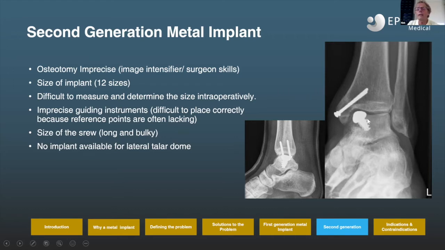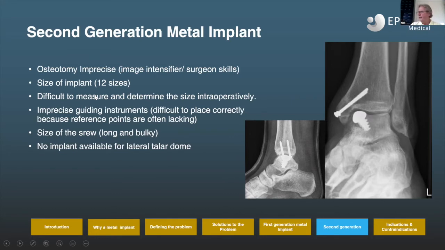Size of the implant, there were only 12 implant sizes, and you see it doesn't fit exactly because you have to choose during the surgery what is approximately the best implant for the talar defect that you created.